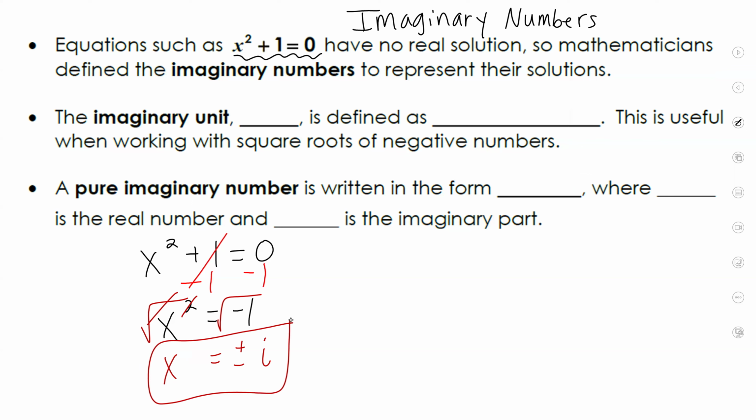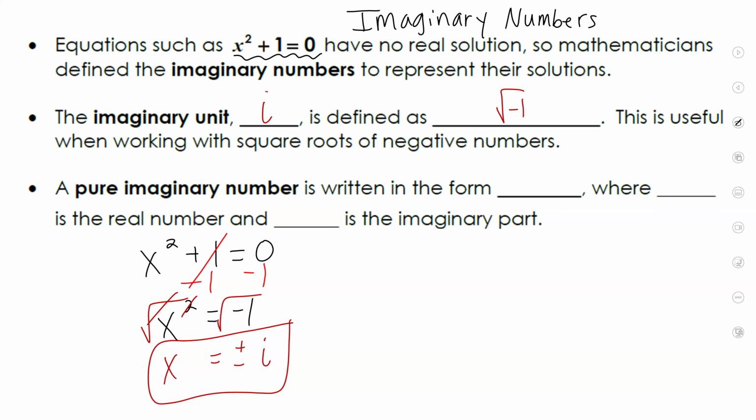Whenever you get the square root of -1, we call that i. This is useful whenever you have square roots of negative numbers.